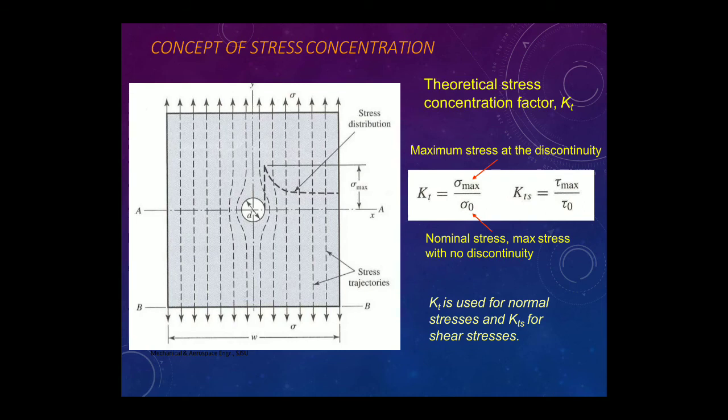In this figure, sigma max is shown at the middle and sigma 0 at the boundary. Kt is used for normal stresses and Kts is used for shear stress. The stress distribution and the stress trajectories are shown in the figure. With the help of that, we can find the theoretical stress concentration factors.